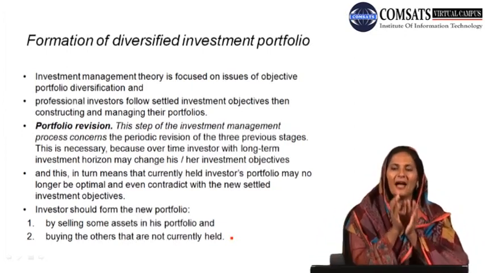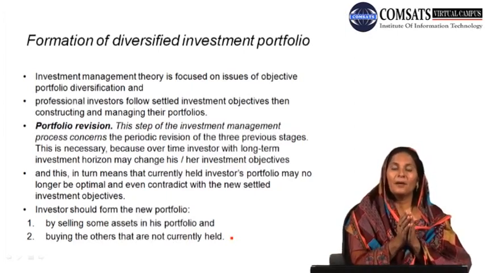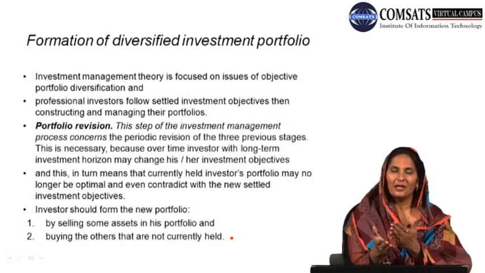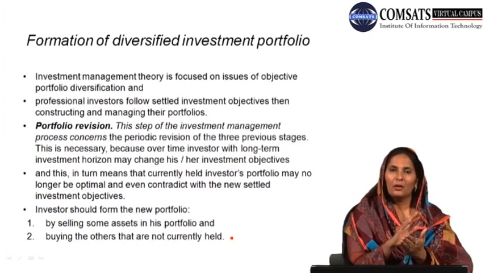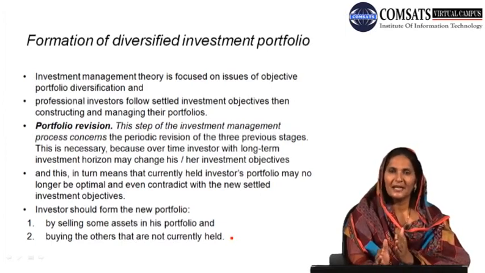First of all, rather than selecting the portfolio holding at random, we should analyze and look at the objective of our investment, कि हमारी investment का objective क्या है, हमने कौन कौन से items जो हैं वो purchase करने हैं.